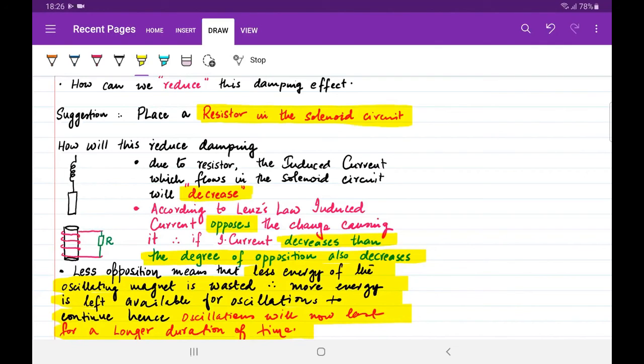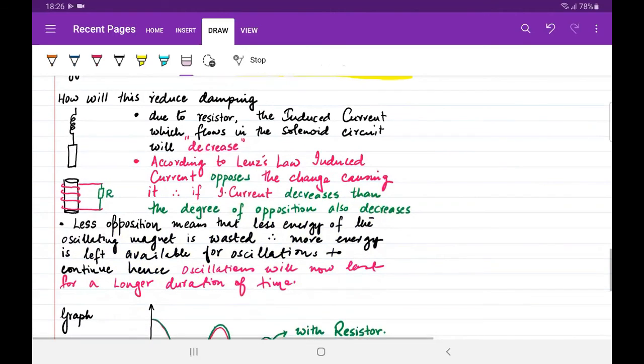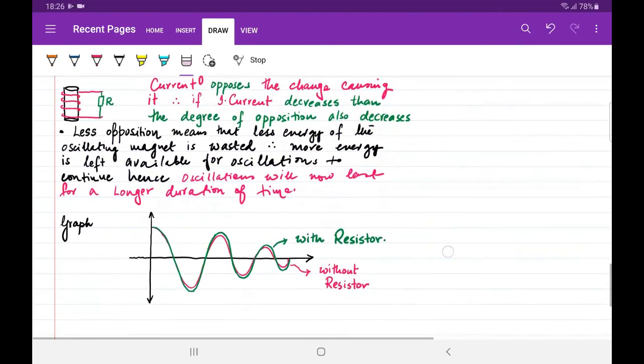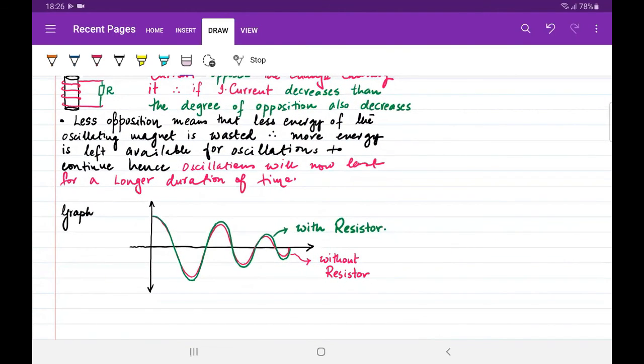Now, if I ask you, कि आप ग्राफिकली इस पूरे स्टेटमेंट को कैसे शो करोगे? देखिए, मैंने नीचे ग्राफ बना के दिया है, उसको चेक कर लेते हैं, फिर कंक्लूड करता हूँ. Okay, so have a look. Red वाला graph is without resistor. Red graph without resistor. So let me mention, more damping.